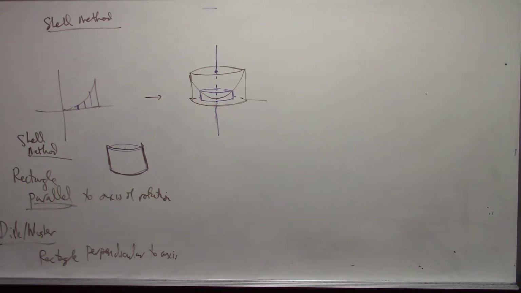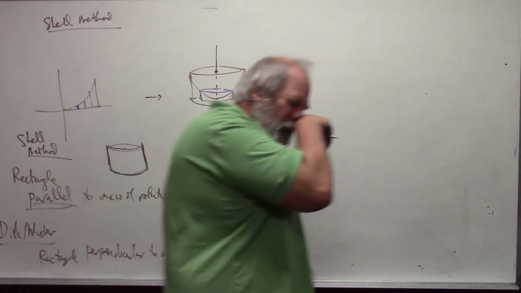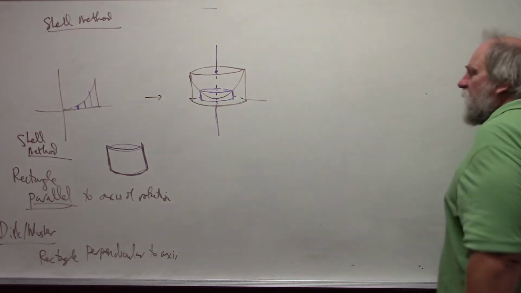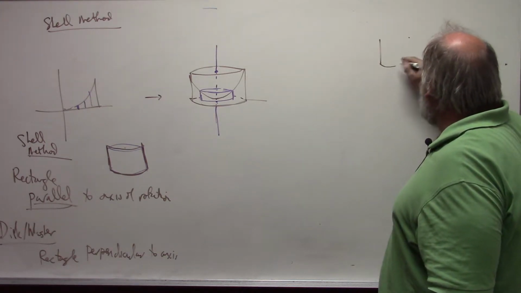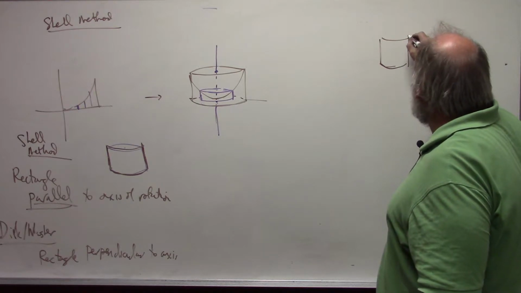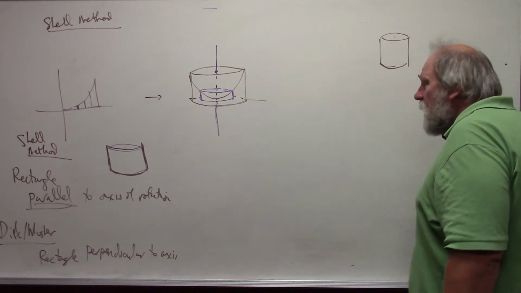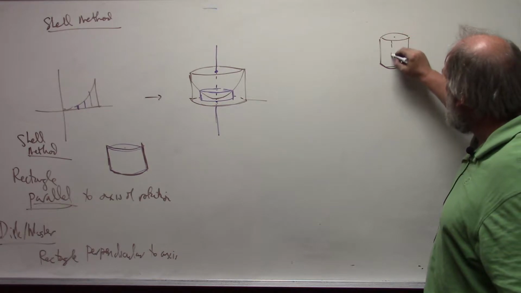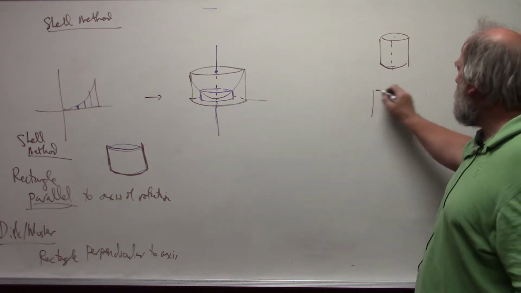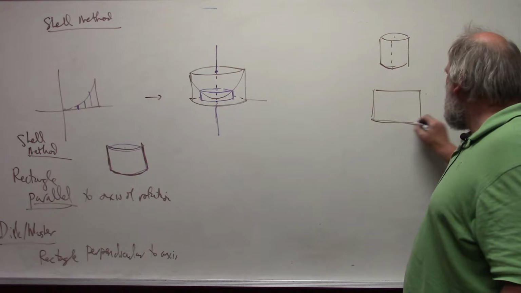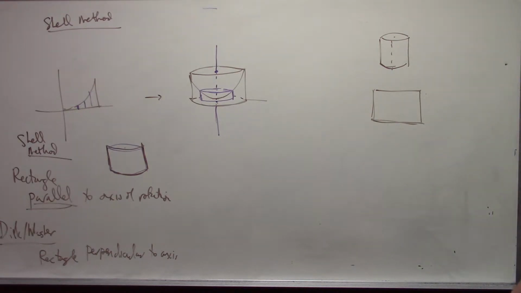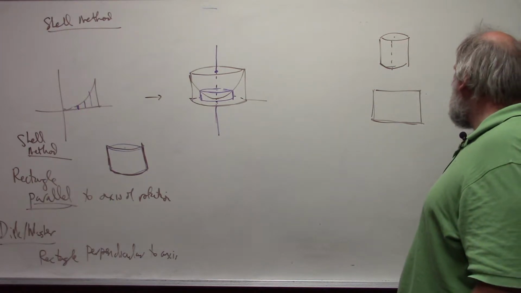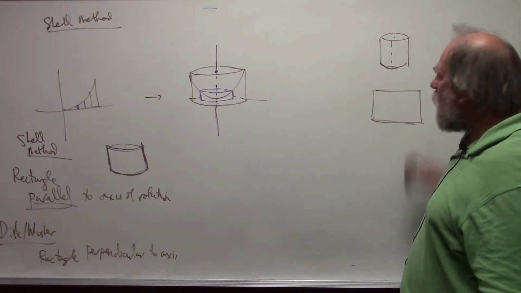Okay? Now, in terms of the overall basic formula, if I take a shell here, and I were to cut down the side and unroll it, I get a rectangle. The height of this rectangle is the height of the shell.